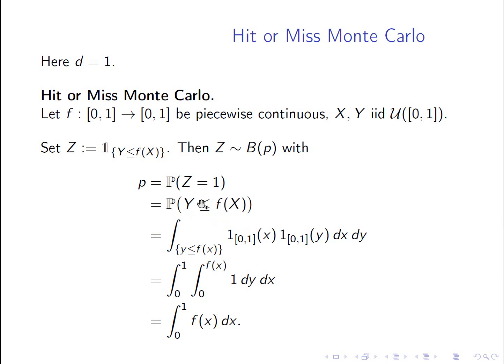And as always, what do we do? Well, we have two random variables which are independent and have a density, so we use the product of the densities. So we are integrating over the density of x, the density of y, and over which area do we integrate? Well, over the area where y is less or equal than f of x.